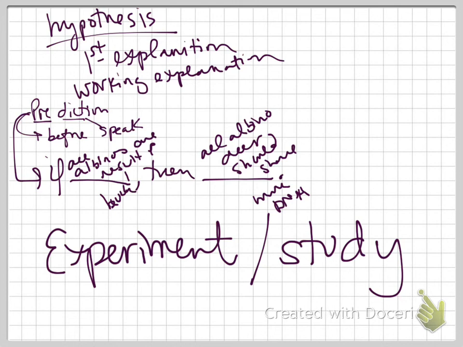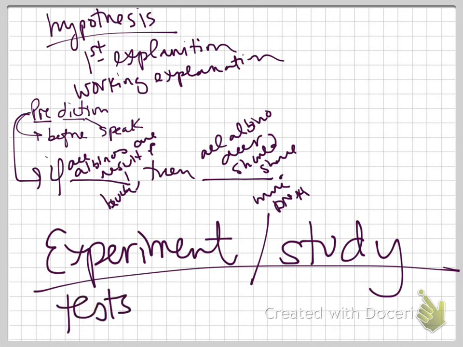Our study involves tracking, sedating, and drawing blood from every albino deer that's been spotted in the last 5 months, running their blood back to a lab and getting DNA results. Okay, so the experiment or the study tests the hypothesis.